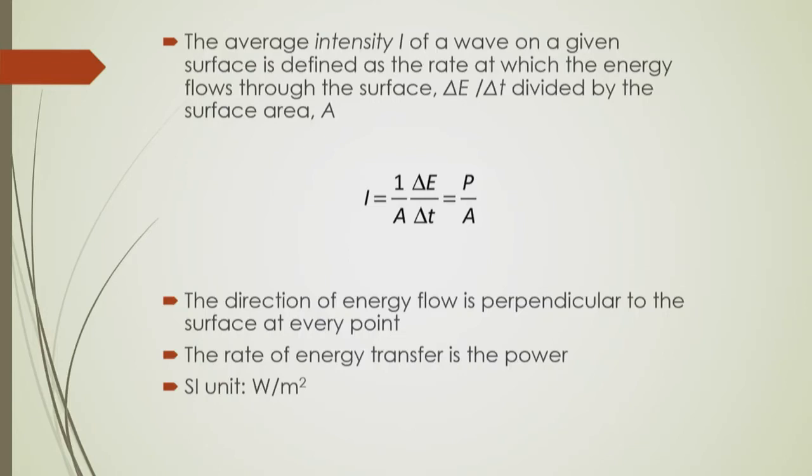Power is work divided by time, and we're looking at that change in energy. Work is a form of energy, and so we're looking at the power per unit area, which is what's going to be described as intensity. So when we're thinking about intensity of a sound wave, it's power per unit area, and it's measured in watts per square meter.